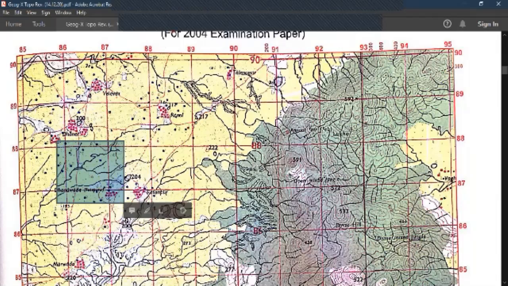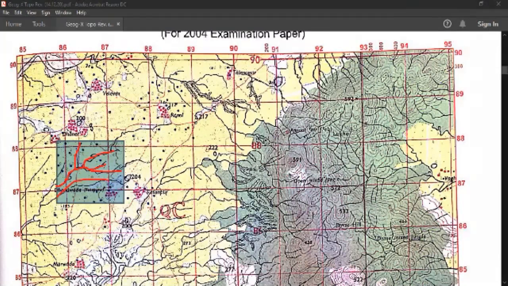Here you can notice the seasonal rivers are forming a pattern just like the branches of a tree, right? Such type of pattern is known as dendritic pattern. Clear?